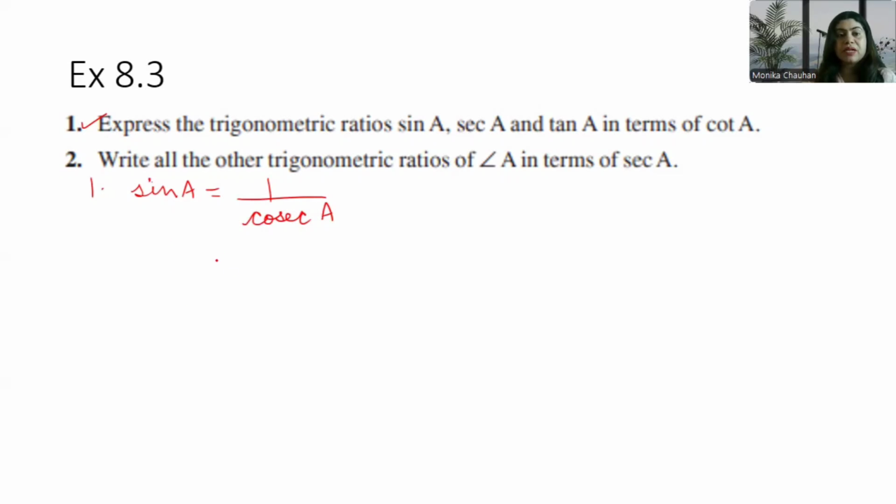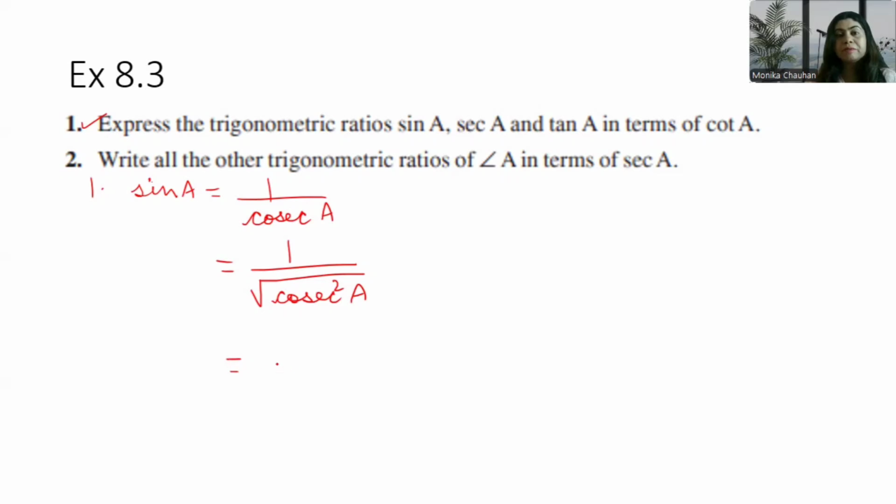And a very important part which I'm going to do right now is that I am taking the square root of this cosec, as well as the square. Nothing happens, it doesn't matter, because square and square root will cancel each other and you're left with cosec A. So this step is very important.